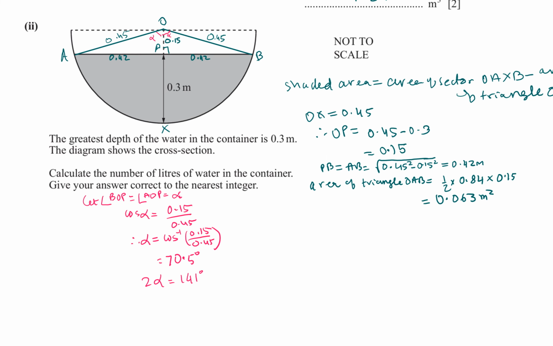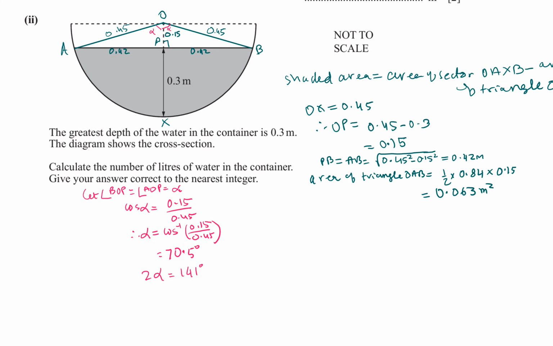So now we know the area of the sector, we know the formula. So I will write area of the sector OAXB is equal to pi r square. So pi and r the radius, and that remains 0.45 square, times 141 over 360 degrees.